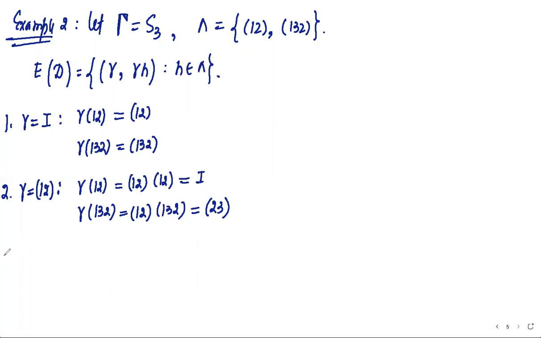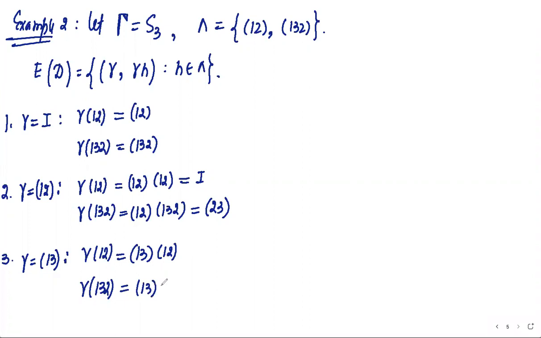Now the third one. Now gamma is equal to (1 3). Then we have to compute gamma (1 2) and gamma (1 3 2). So this is equal to (1 3) into (1 2), and this is (1 3) into (1 3 2).